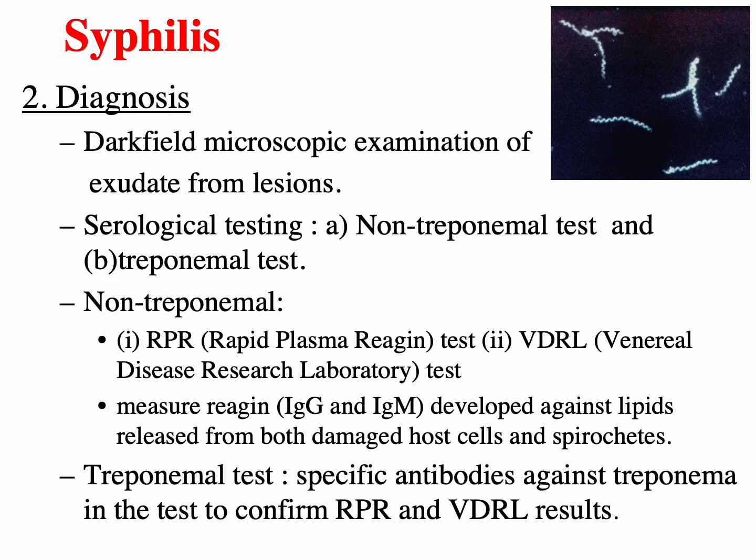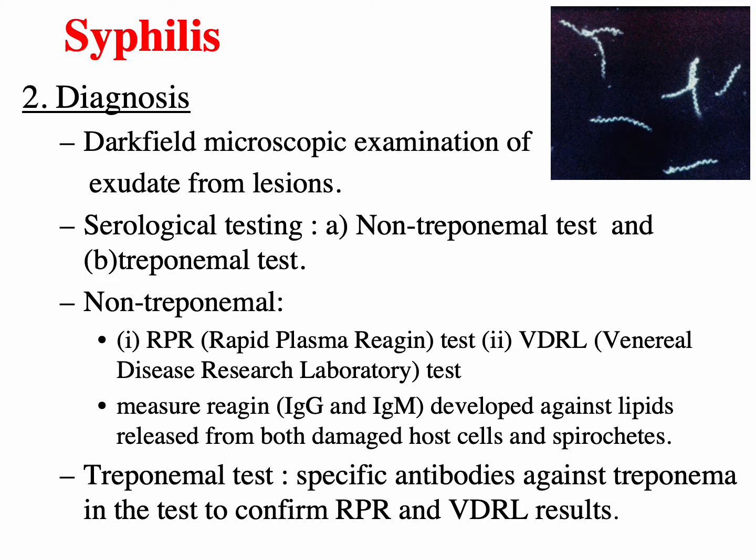You can also do serological testing to diagnose syphilis. There are two tests out there, one a non-treponemal test, one a treponemal test. The non-treponemal test looks for two antibodies, IgG and IgM, which together are given the name reagin. That's just a fancy name for IgM and IgG together. These IgG and IgM develop against lipids released from both the damaged host cells and the spirochete.